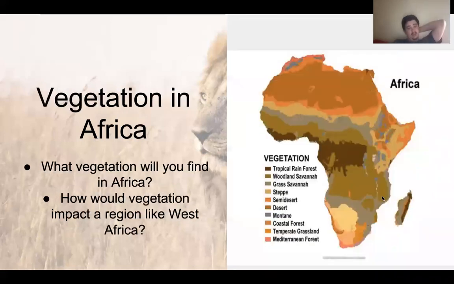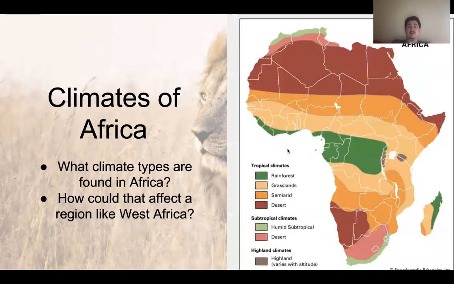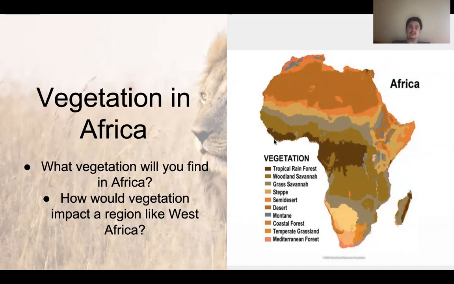Another one we're going to look at is vegetation. So we're going to look at what kind of vegetation you'll find in Africa, and you'll notice that vegetation is directly tied to climate. So the more rain you get in a place right here along the coast, which if you look on the previous map was kind of that rainforest area, you'll notice that the vegetation is a tropical rainforest vegetation. So a ton of trees, a ton of wildlife, that kind of thing.